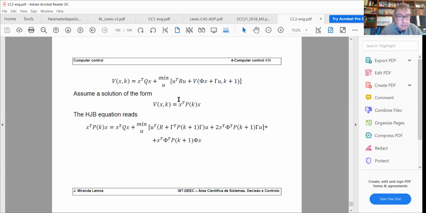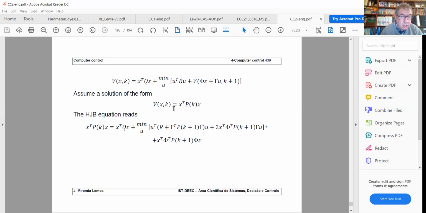We assume this from the beginning, which means a priori, and we try to find a solution of this form for the HJB equation that I wrote in the first line. And if we find a solution, then we have concluded that v can be written in this way.